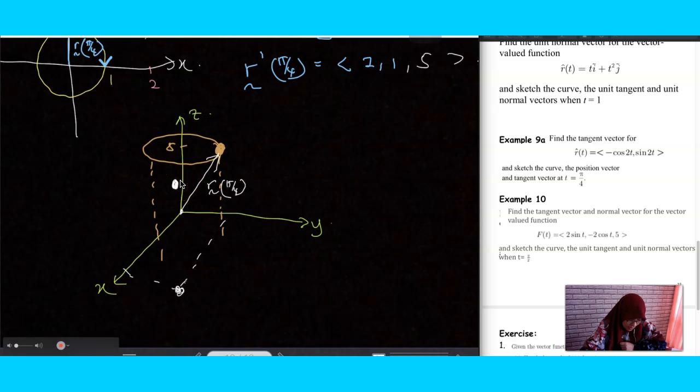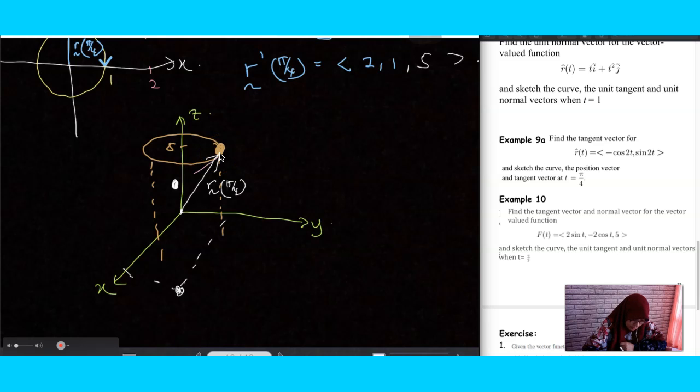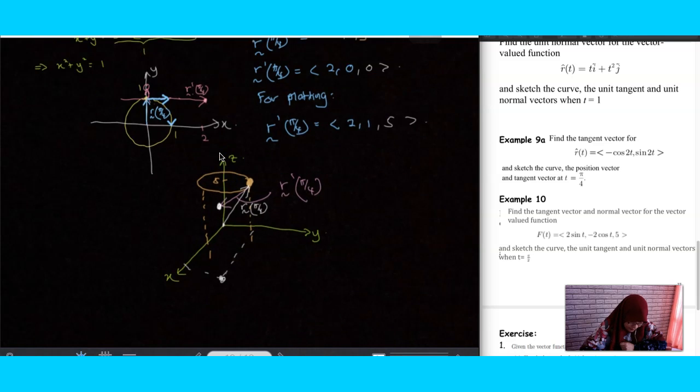And then how about your graph of r prime for this new function? Now you should start from the point here and point in that direction. So this one is your tangent vector when t is pi over 4.